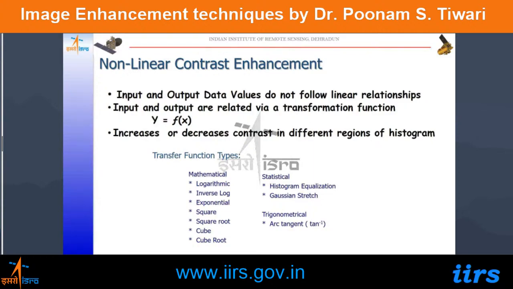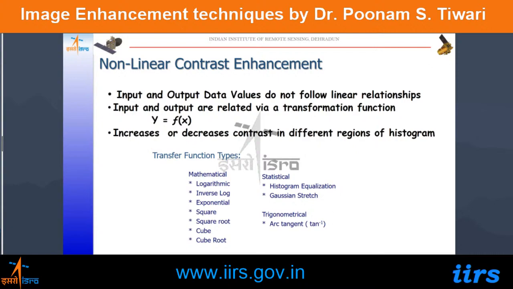So what is a logarithmic contrast stretch? All these non-linear enhancement methods are a two-step process. In the first step, the non-linear transfer function is applied on the original pixel values, and in the second step, the output values are stretched linearly between 0 to 255 using minimum-maximum stretching.